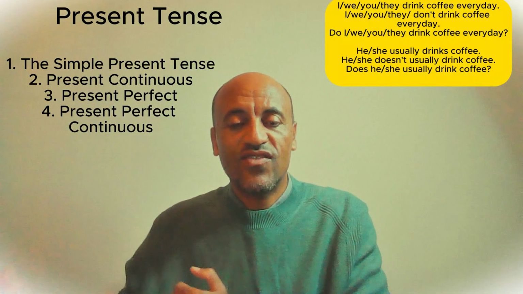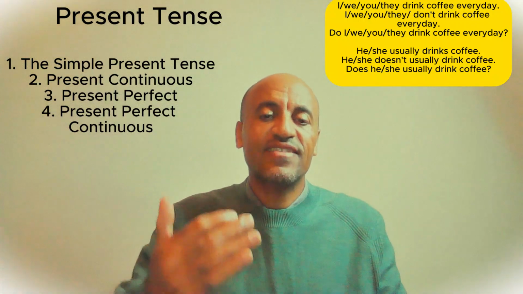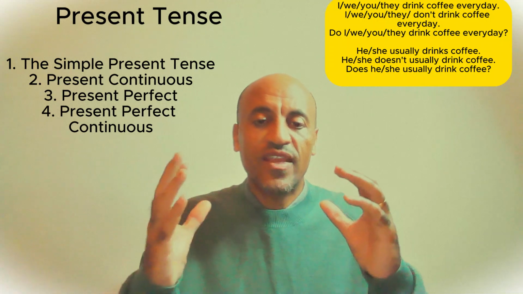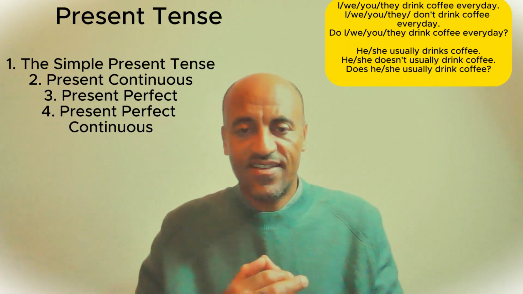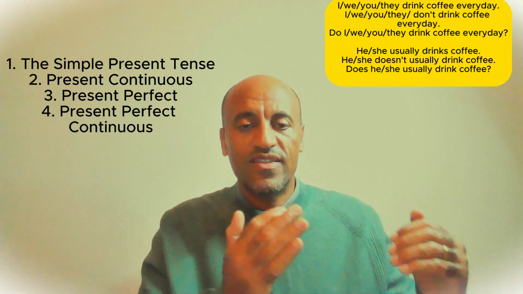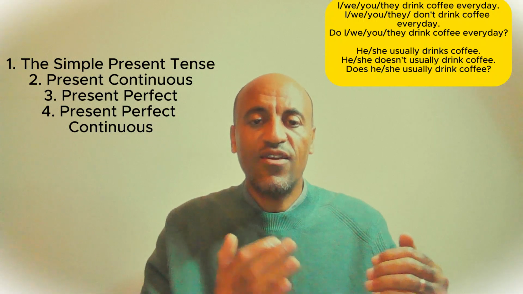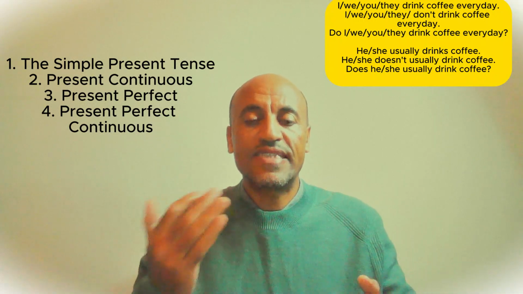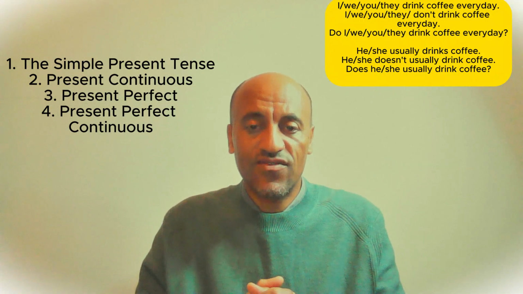I don't drink, they do not drink, he does not drink. So for third person singular, we use does not in the negative. For the rest of the subject pronouns, I, we, you, they, we use do not in the negative forms.